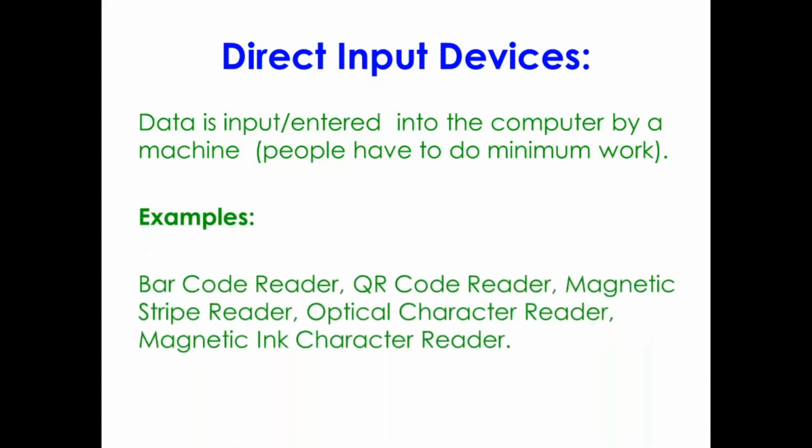The examples are barcode readers, QR code reader, magnetic stripe reader, optical character reader, magnetic ink character reader, and of course there are other input devices as well. We will be covering all these input devices along with their advantages, disadvantages, and uses in detail.